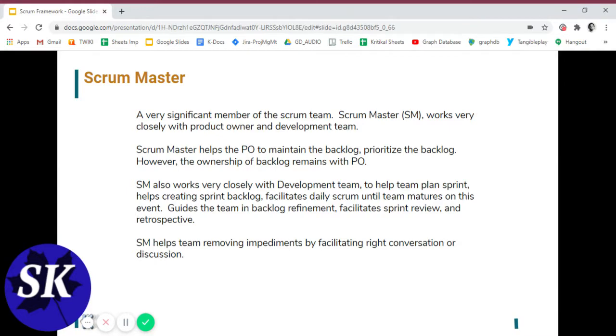Right? So here the role of a Scrum Master is that of a servant leader.